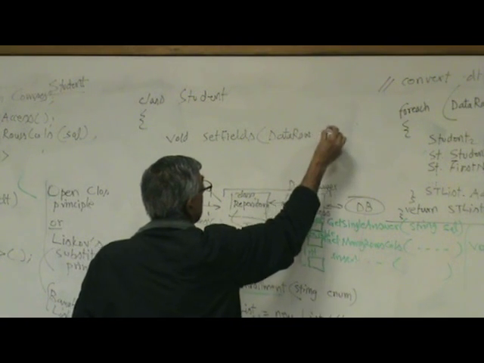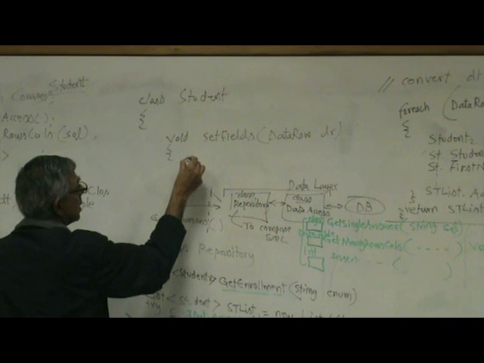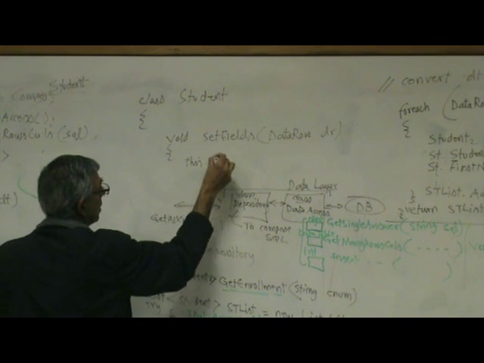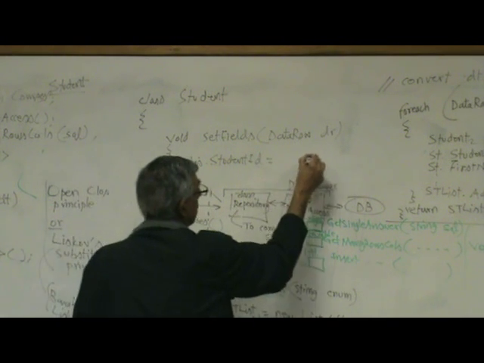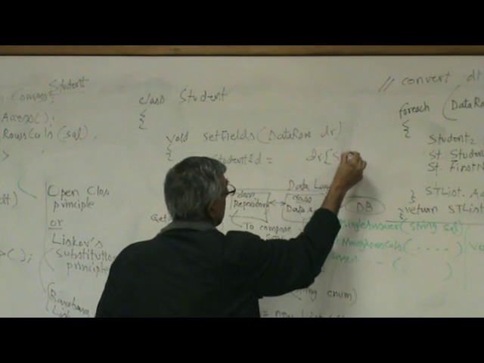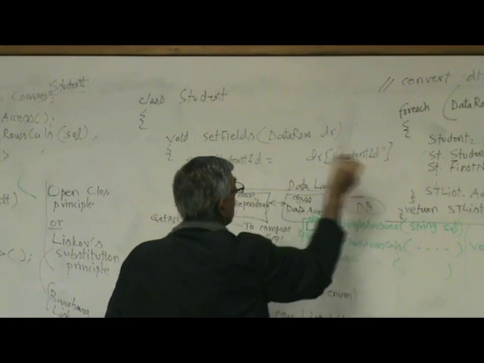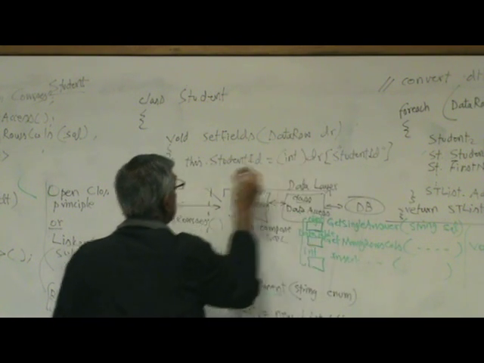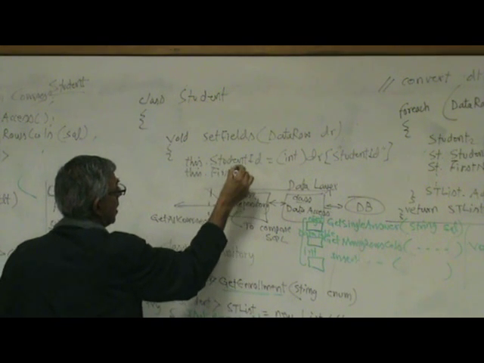Data row dr. And what will the code look like? It will say this dot student ID equal to dr of student ID and typecast to an int, and then this dot first name and so on.